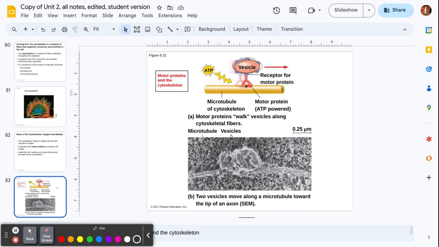And then here we have one of these fibers, and the vesicle will attach to that fiber and move along it. They've actually been able to show with time lapse how this works, and it's kind of cool how it moves. I'll see if I can find a video to show you on that a little bit later.